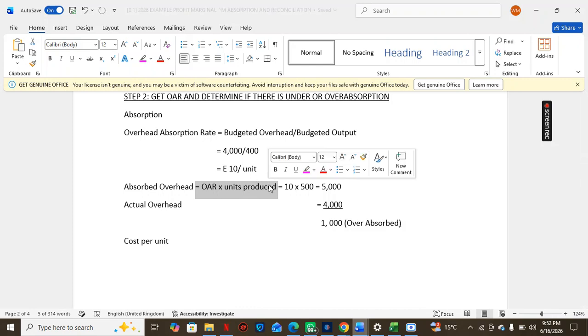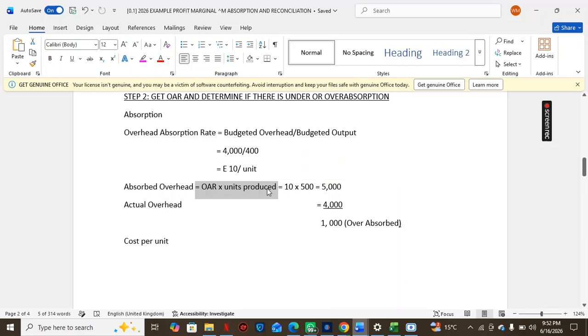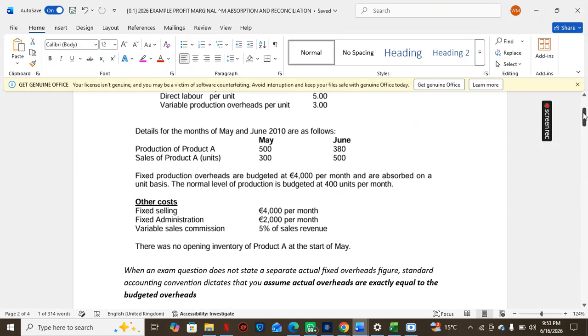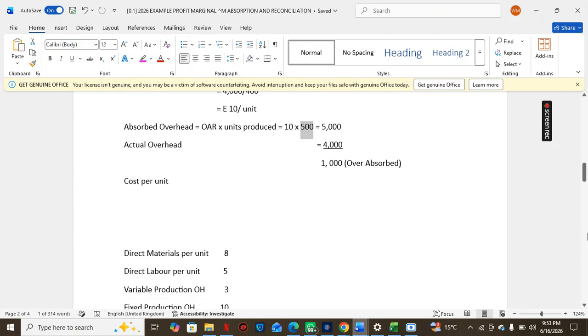This is the overhead cost we're expecting. Our rate is 10, and in May we produced 500 units, so 500 times 10 is 5,000.